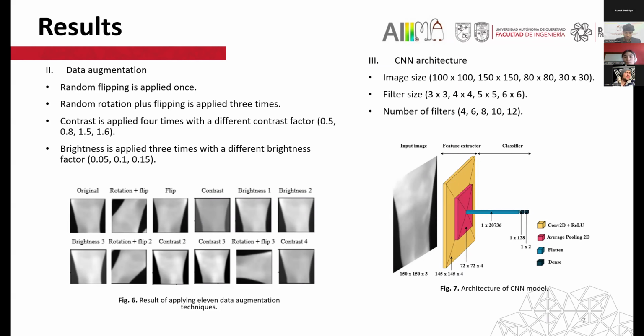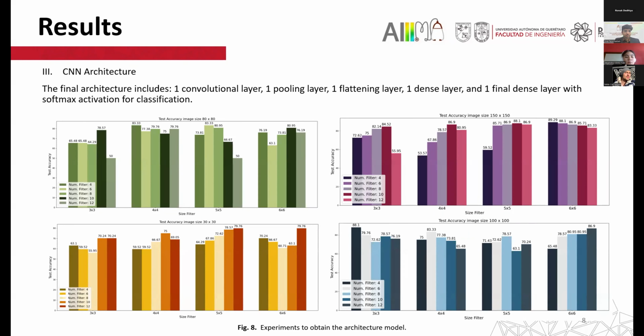In order to decide our architecture model, we carried out some experiments in which we changed some hyperparameters like image size, filter size, and number of filters. This experiment was carried out on a simple CNN architecture, composed of 1 convolutional layer and 1 average pooling. In figure 6, we can see some graphics.